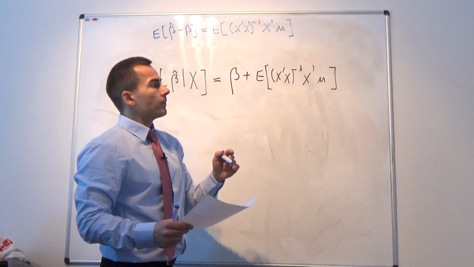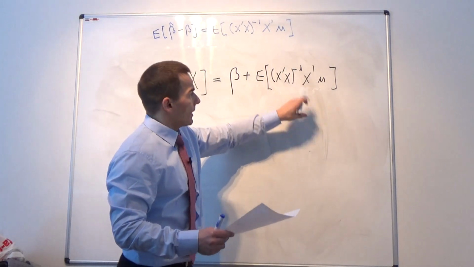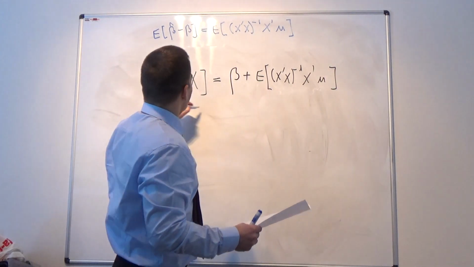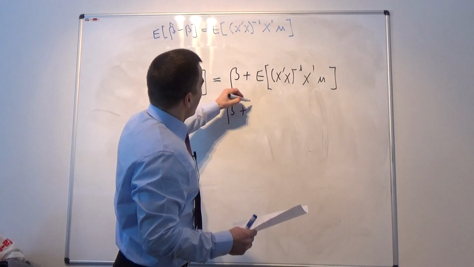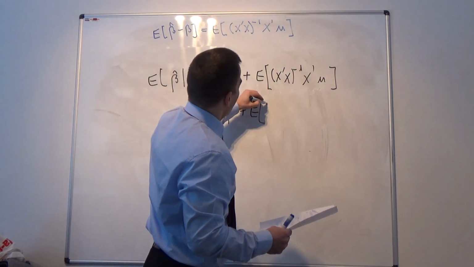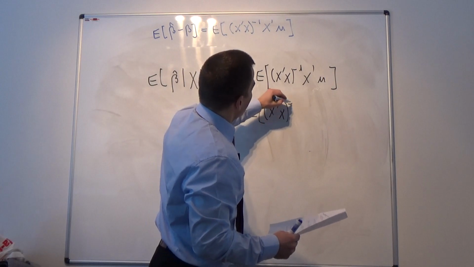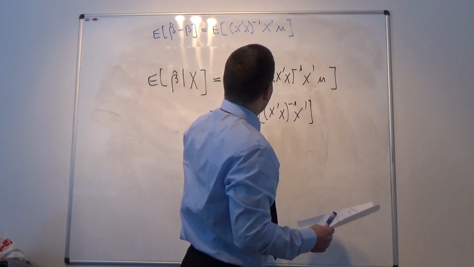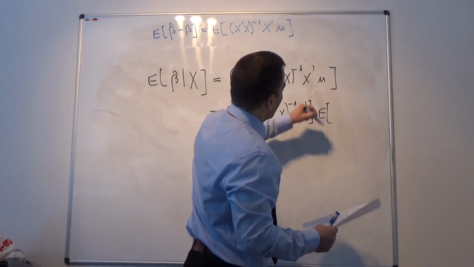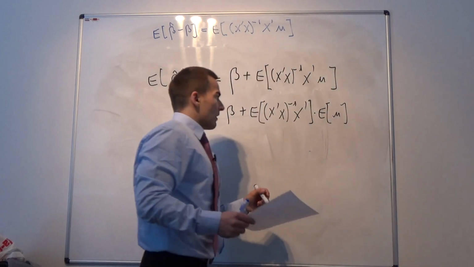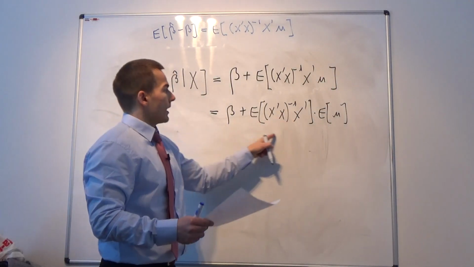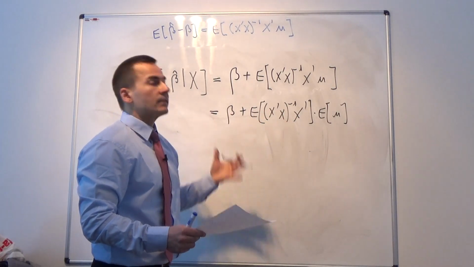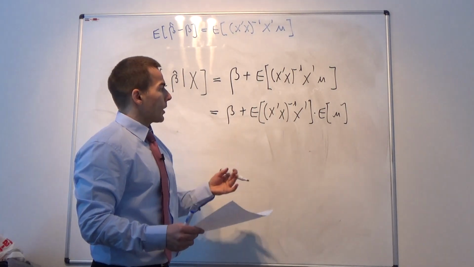But there's one exception. If our regressor matrix is uncorrelated with U, we can rewrite this as beta plus expectation of X transposed X inverted times X transposed times the expectation of U. So we have to take the expectation of this part here as well, because this is not random anymore if we neglect the assumption of strict exogeneity.